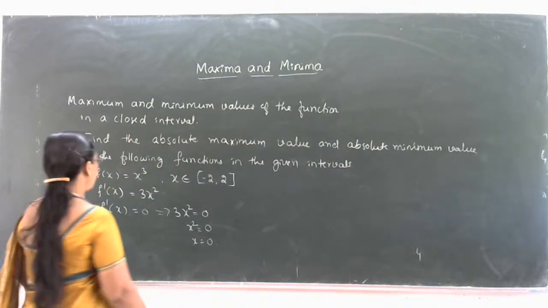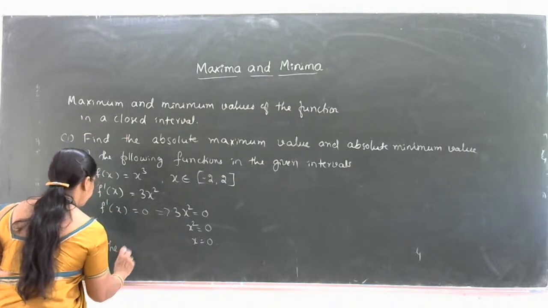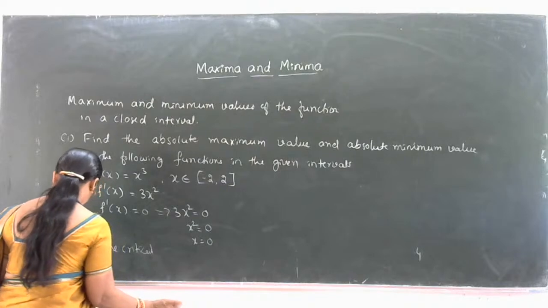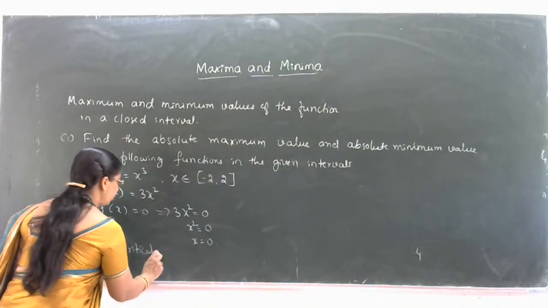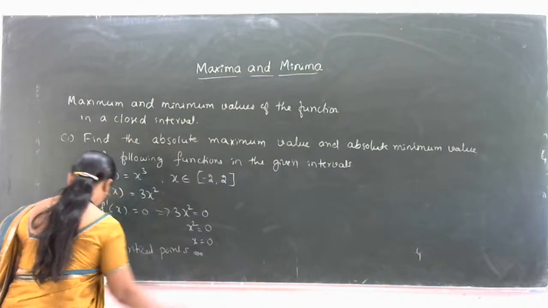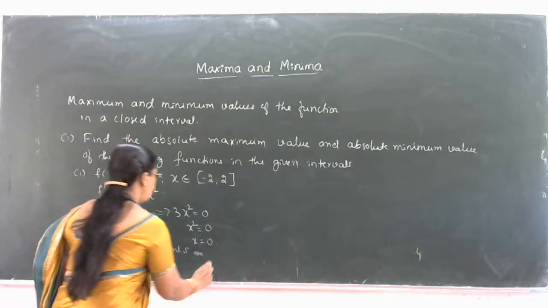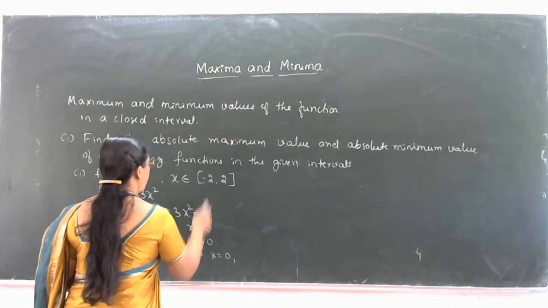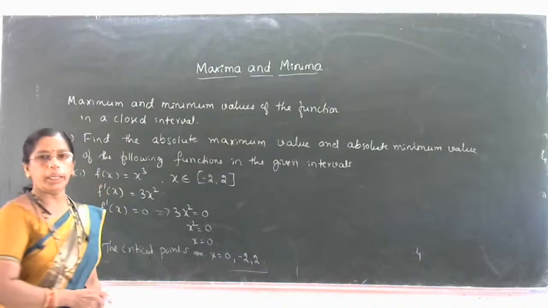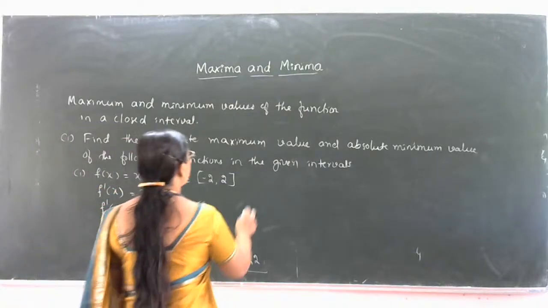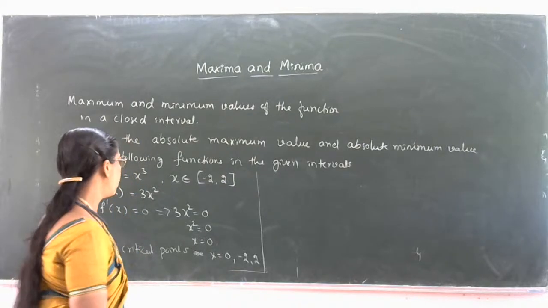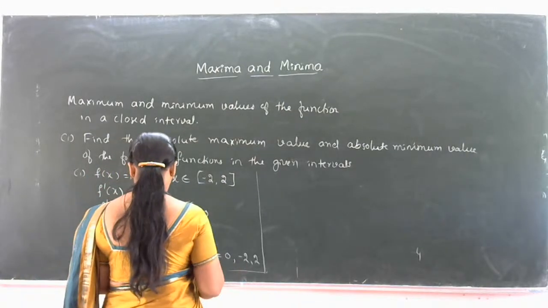Then the critical points are x equal to 0 and -2 and +2. We have three critical points, and we have to find the maximum and minimum values at all of these.